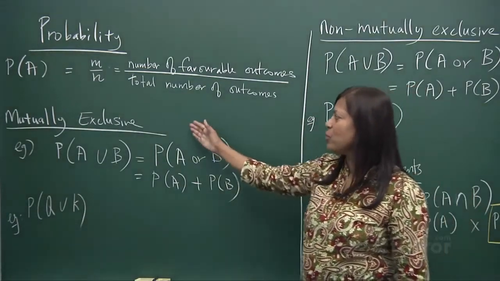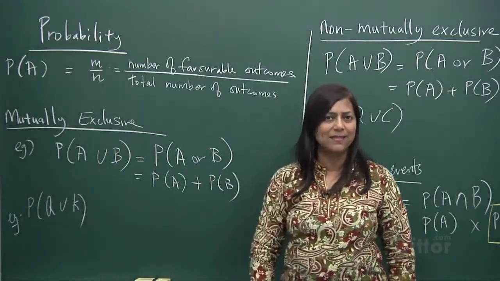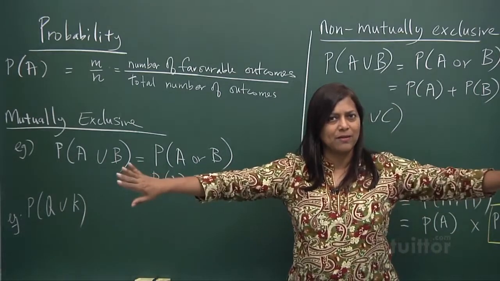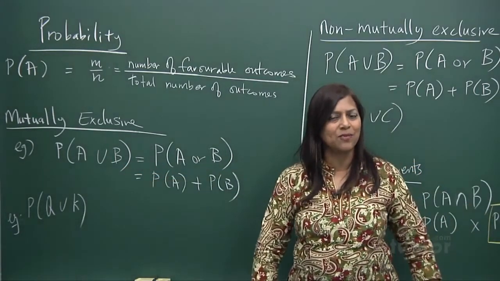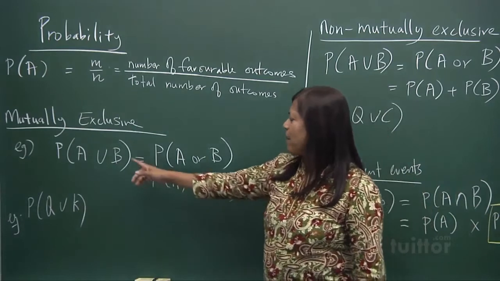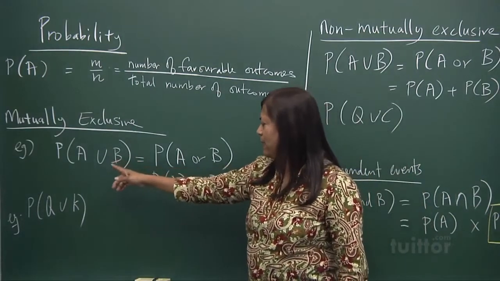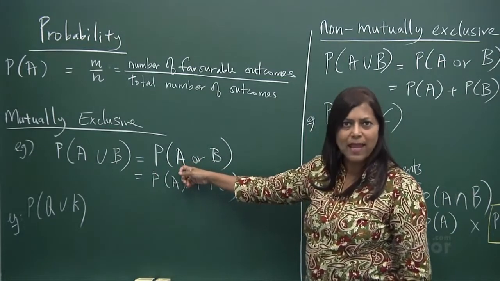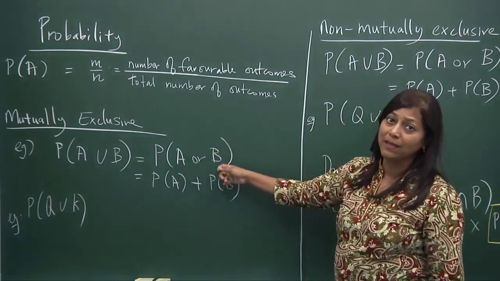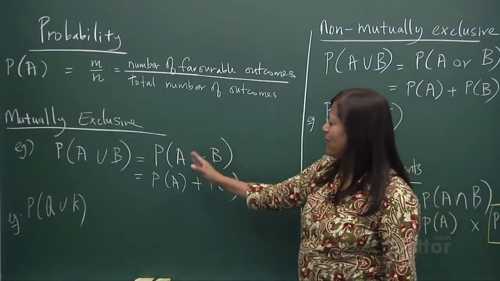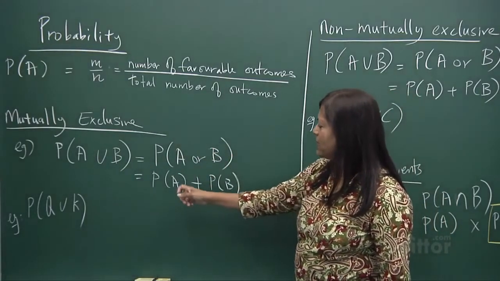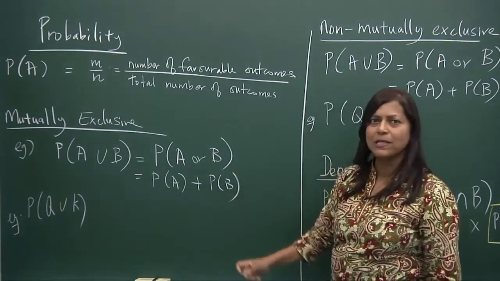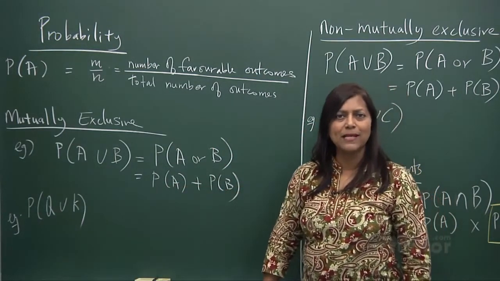Now if you look at mutually exclusive events, that means they're totally different. Mutually exclusive. Alright? So we look at the probability of A union B. Union here means either the probability of A happening, or the probability of B. So when you have a probability of this nature, the outcome will be the probability of A plus the probability of B. Let me give you an example.